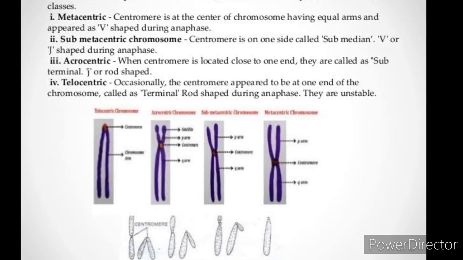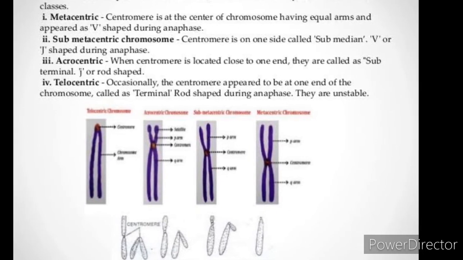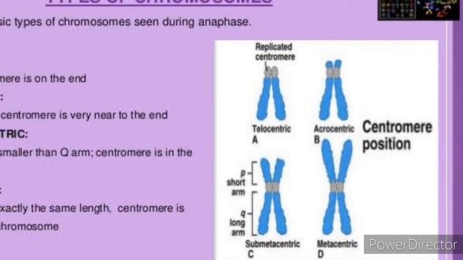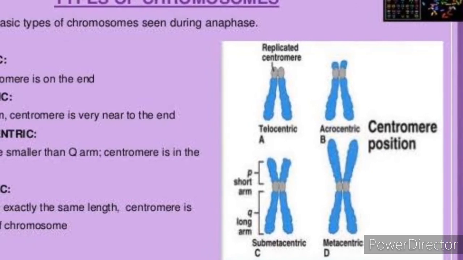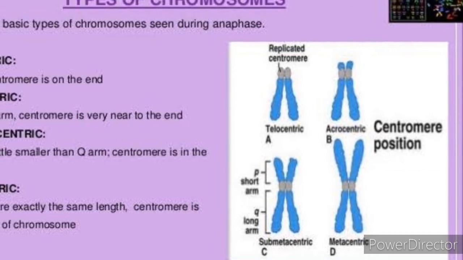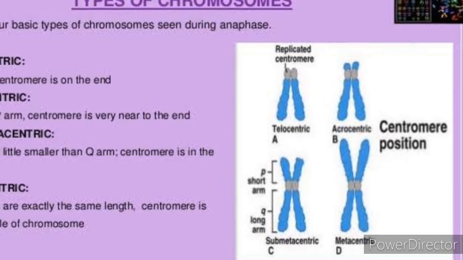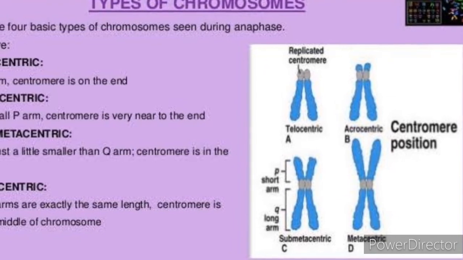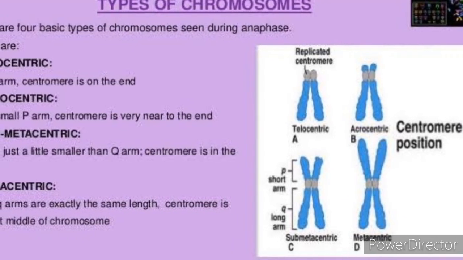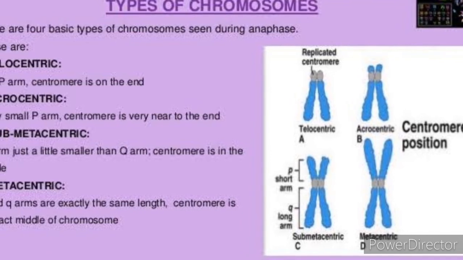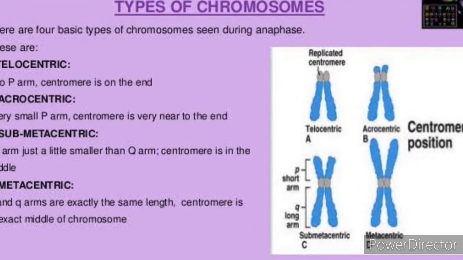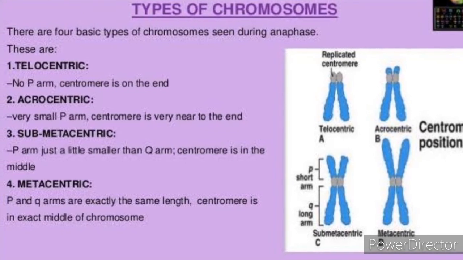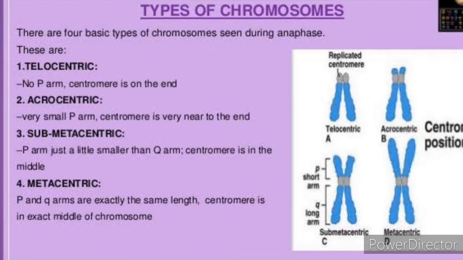Acrocentric: the centromere is found near one end with a short arm and a long arm, so this is also a rod-shaped chromosome. Submetacentric: it has two unequal arms, L-shaped. Metacentric: the centromere occurs in the center of the chromosome and forms two equal arms, so it is a V-shaped chromosome.